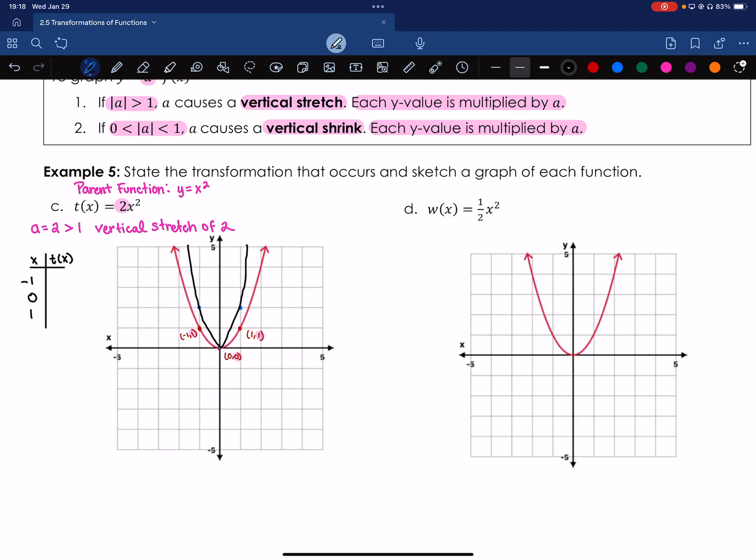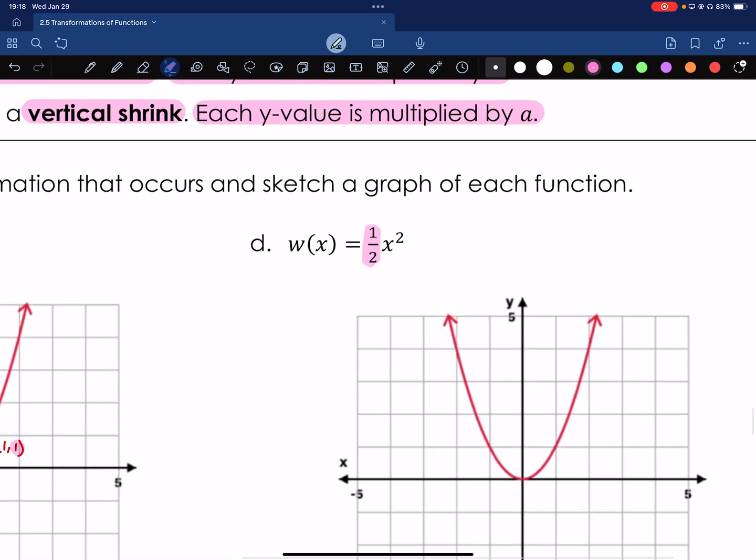So now the second one, notice now we have a fraction in front. And I try to steer away from saying fractions are always going to be shrinks and whole numbers are always going to be stretches. That's not always the case, because you can have an improper fraction, which would actually be a stretch. But 1/3, 1/2, anything that's less than 1 but greater than 0 is going to be that shrink.